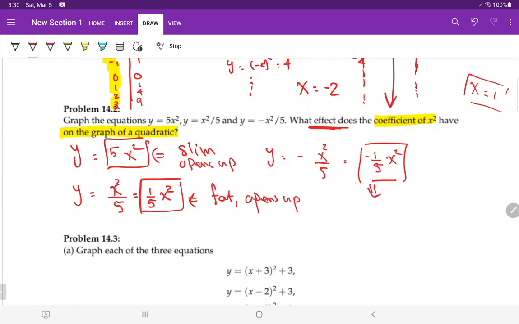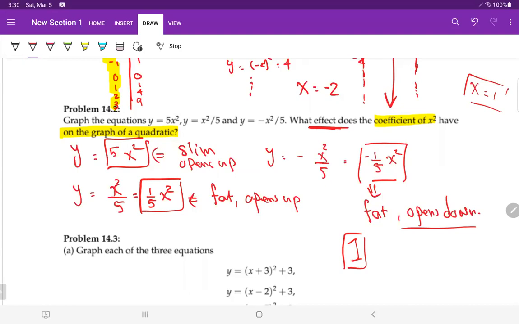This is fat, opens down. Our standard, our reference point, was number 1. 1 or -1, because if it's -1, it opens down, but still standard shape, not fat or slim. Right?